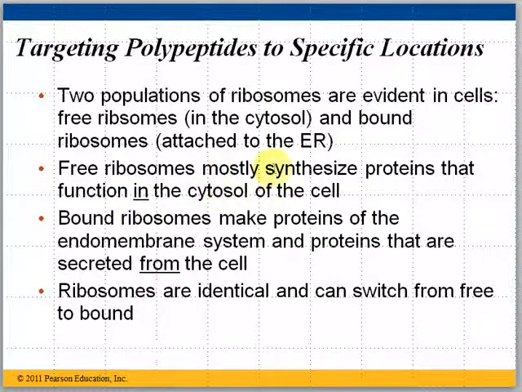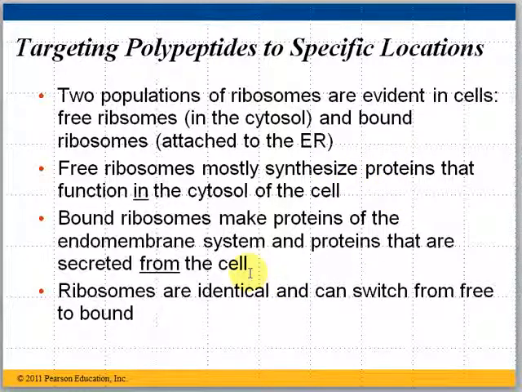So free ribosomes mostly create proteins that are going to be put to work inside the cytosol of the cell. So if it's a protein that needs to be floating around free inside the cell, it's probably going to be made by a ribosome that's floating around free inside the cell.